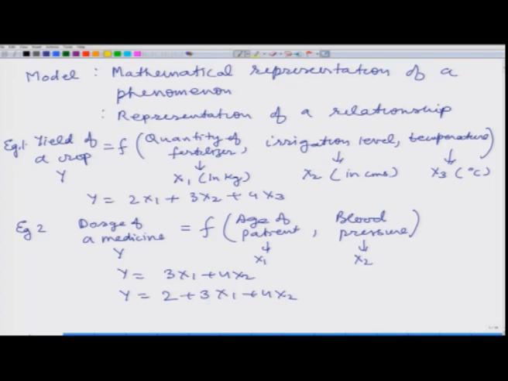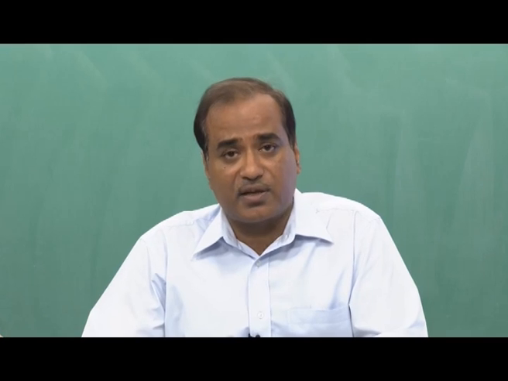Now, suppose I try to find out a relationship where yield of the crop depends on some factor, and we say we are not considering the quantity of fertilizer. Do you really think that is going to be a good model? Not really, because we all know, we are the social scientists and we know that the yield of a crop depends on the quantity of fertilizer up to a certain extent.